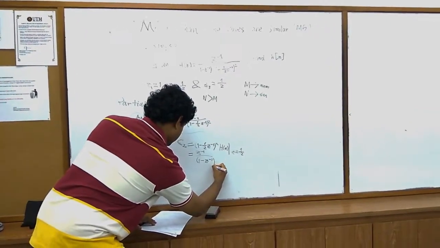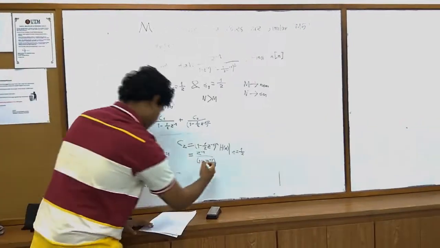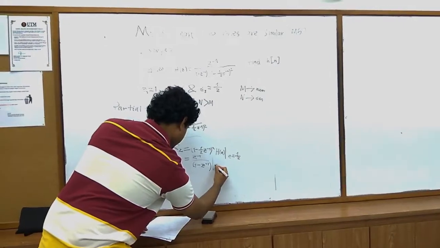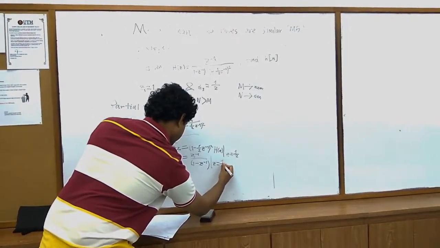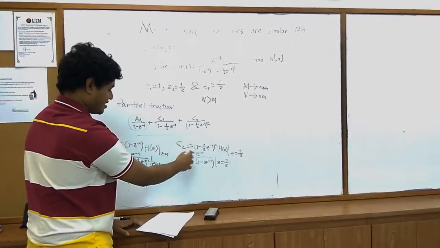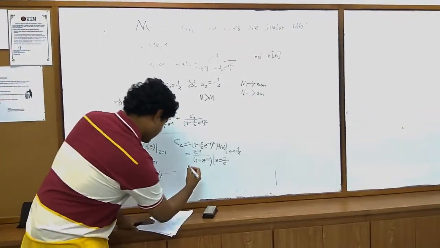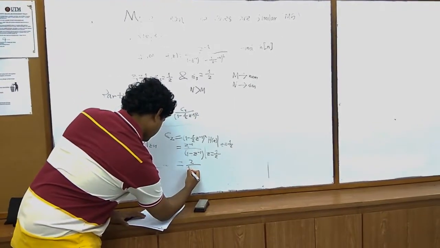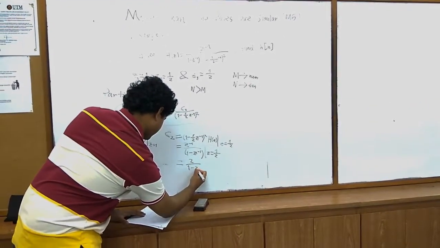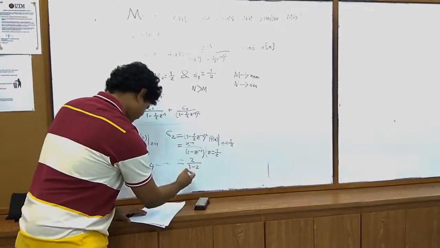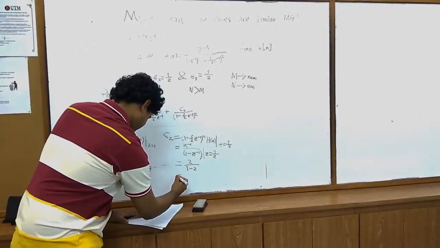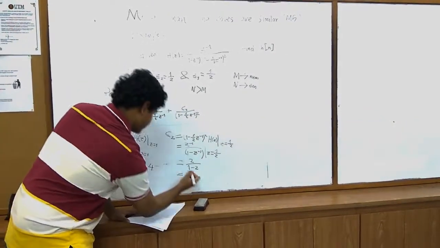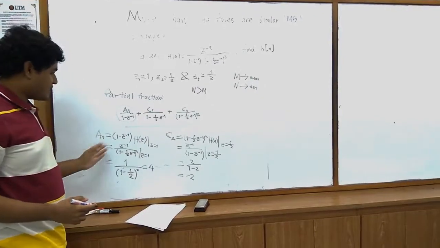Now all we need to do is substitute z equal to 1 over 2 into this equation. After we do that, we get 2, so 1 minus 2. So our answer is minus 2. This is our C2. We have A1 and C2.